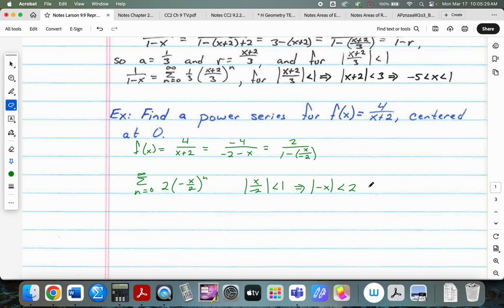Well, the absolute value of the opposite of x is the same thing as the absolute value of x. So my radius of my interval of convergence is from negative 2 to 2. Which we probably, on that one at least, could have done without all that work. If x over negative 2 has to have an absolute value less than 1, x has to be in between negative 2 and 2.